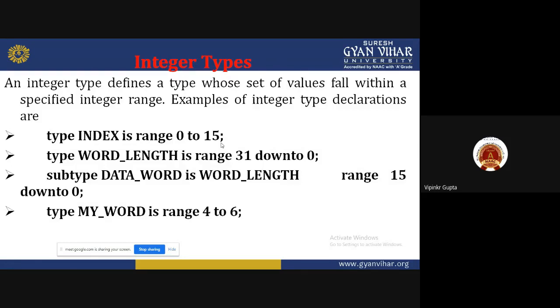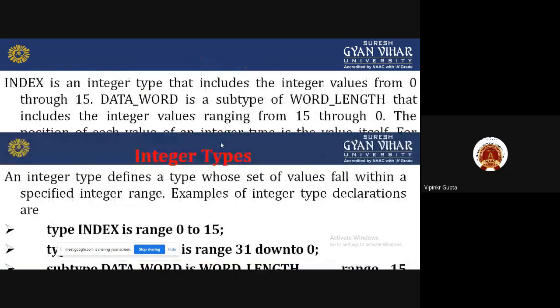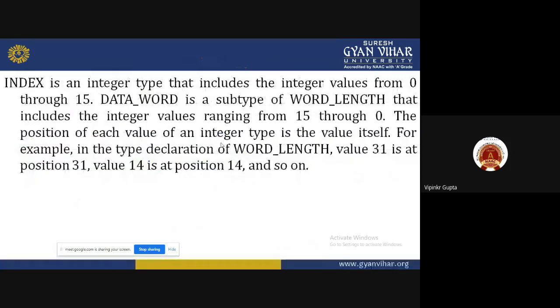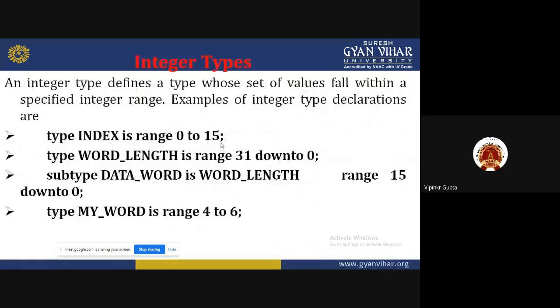So index is an integer type that includes the integer values from 0 through 15. In the first example, you can see it is type index and range is 0 to 15.